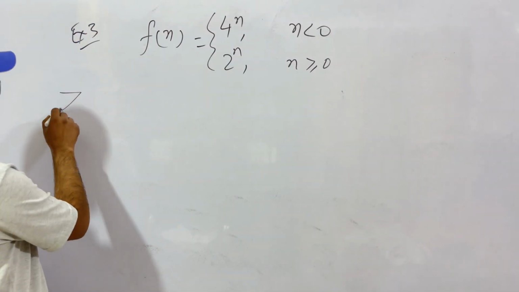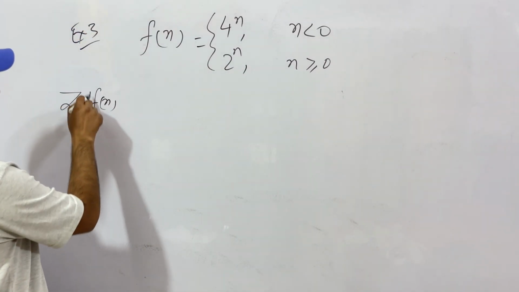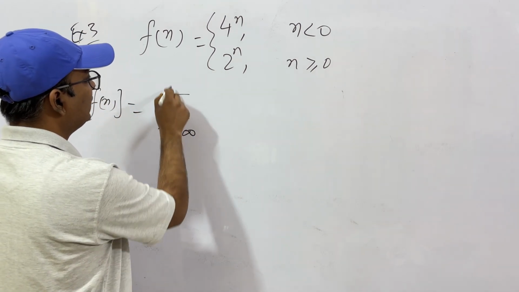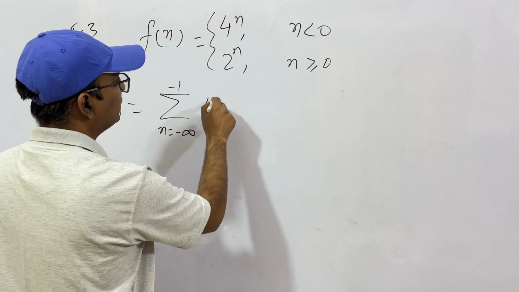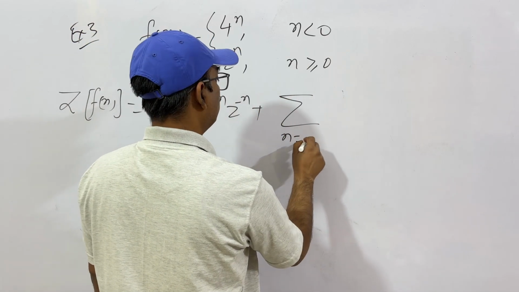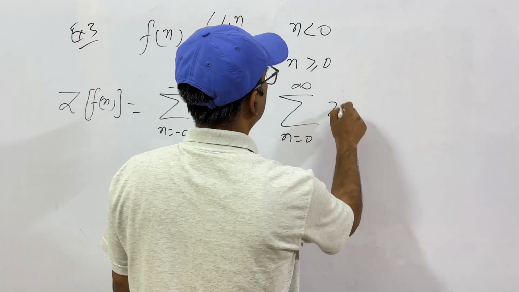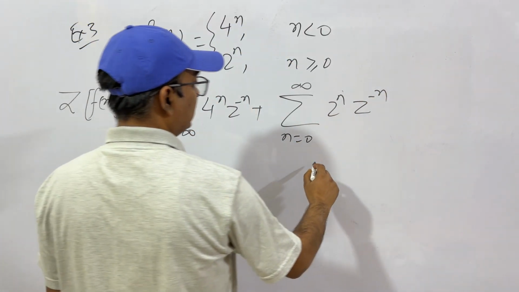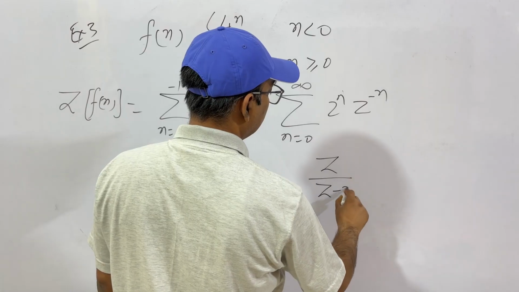So z transform of this function will be first from n equal to minus infinity to minus 1 this function, and then the second function, n equal to 0 to infinity 2 to the power n z to the power minus n. Now this is very simple, z by z minus 2.